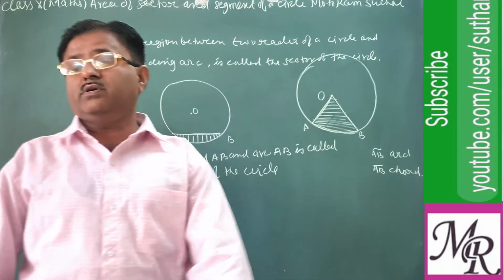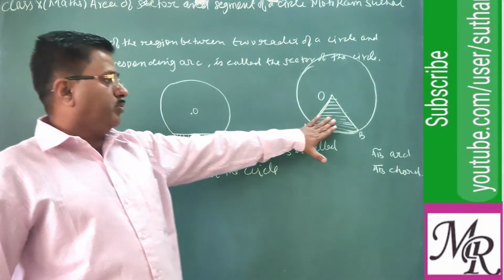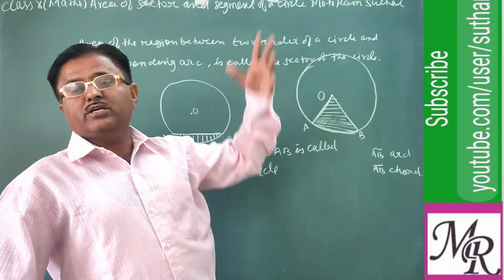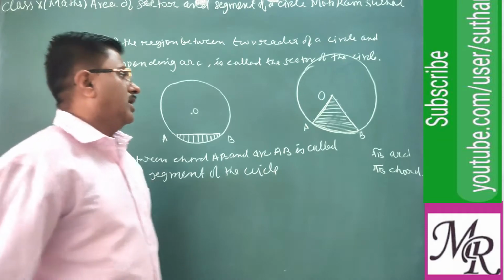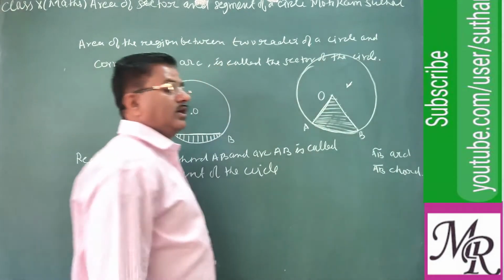Now we also see an important point: when this shaded portion is a sector of a circle, then the unshaded portion is also a sector.